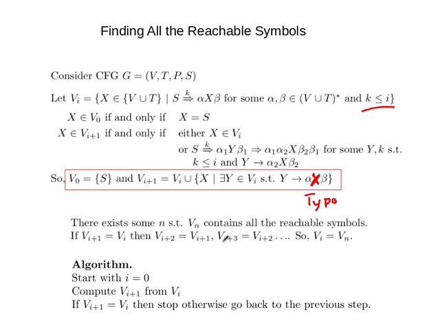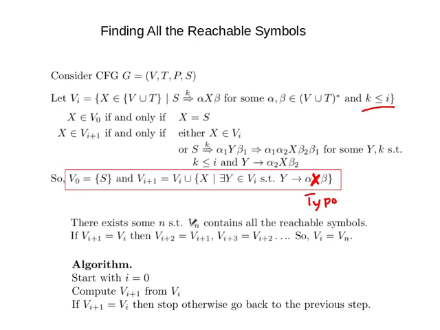So the index is increasing, but anyway, like previously we said that there must be some V_n which contains all the reachable symbols, because if some symbol is reachable, it is reachable within some steps, and for each symbol, whatever that number of steps is, you take the max of all those. So you take that as n, and then any variable which is reachable at all can be reached using at most n steps.